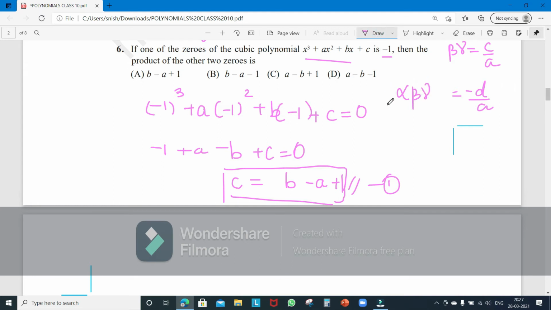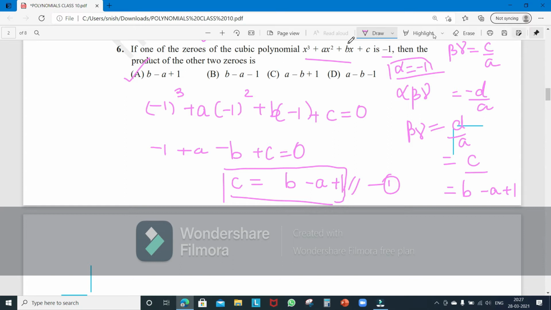Let's assume that alpha equals negative 1. So beta into gamma will be d by a. In place of d we have c, and in place of a we have 1. So beta into gamma equals c, but c equals this value. So you can equate beta into gamma as b minus a plus 1. So b minus a plus 1 is the first option. So the answer is a, right?